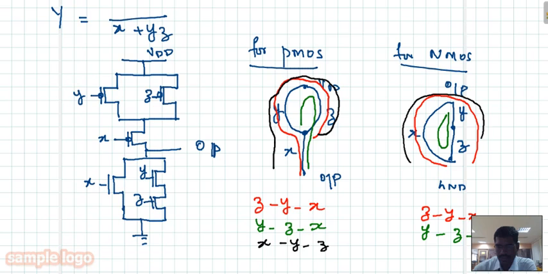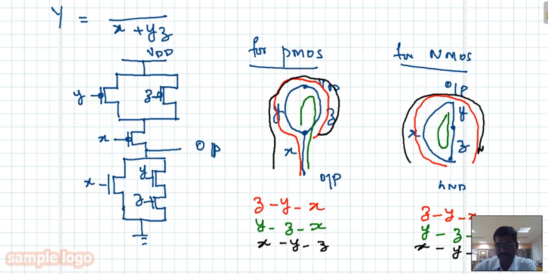Like that we are getting different paths. That means this is also the same, this is also the same. So what are we going to get? We are going to get the transistor order. Either we can follow z, y, x, or y, z, x, or x, y, z.